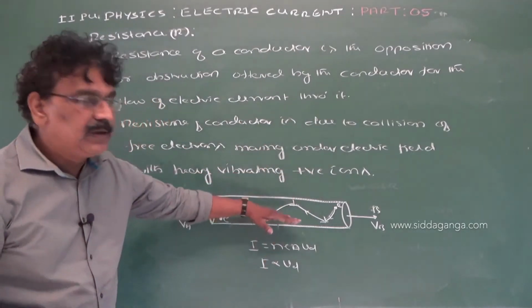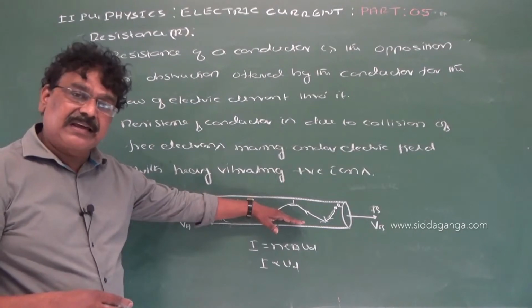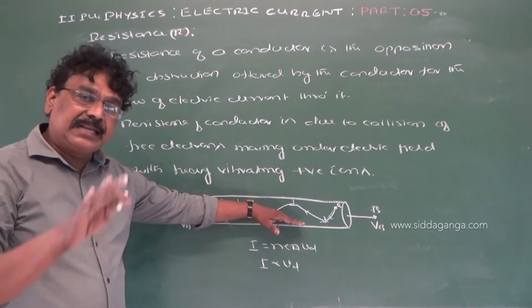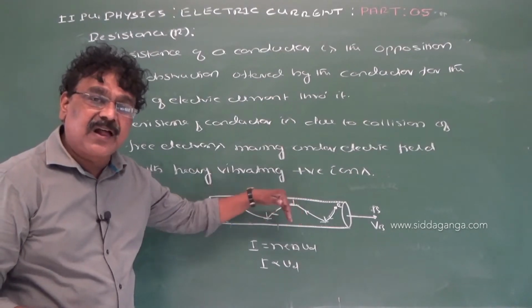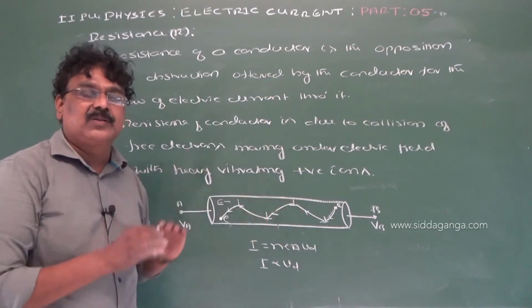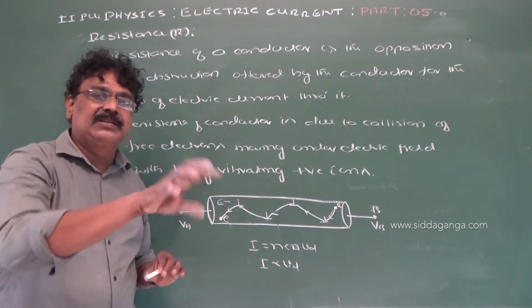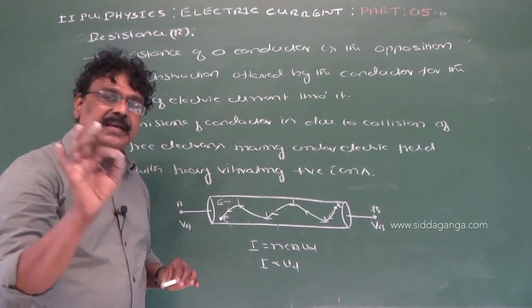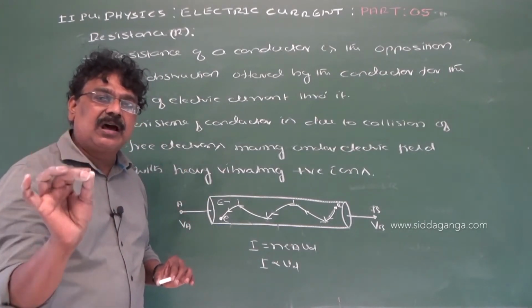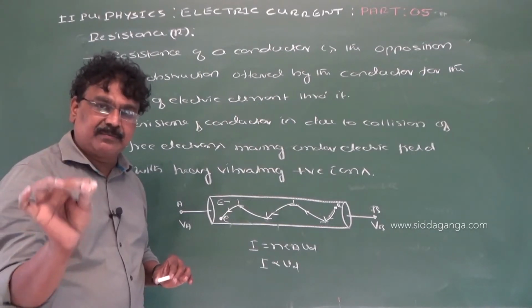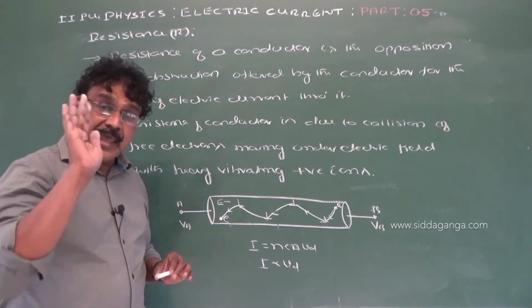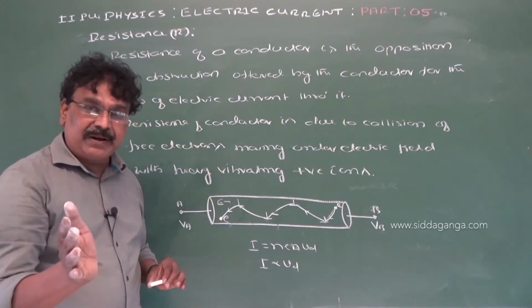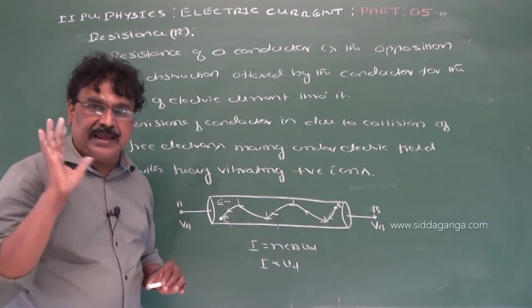Here also the speed of the electron decreases, and that is due to the collision of free electrons with the vibrating ions. So what is the origin or cause for resistance? It is the collision of free electrons moving under the influence of electric field with heavy vibrating positive ions.